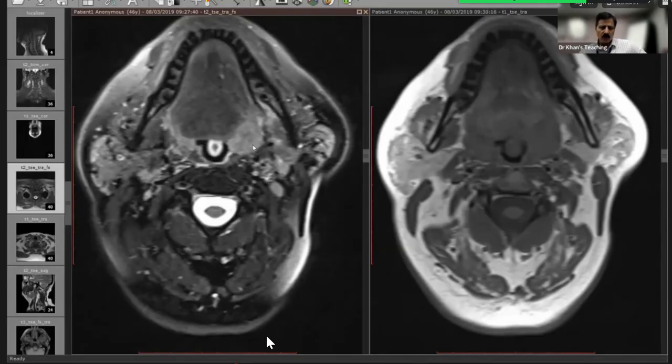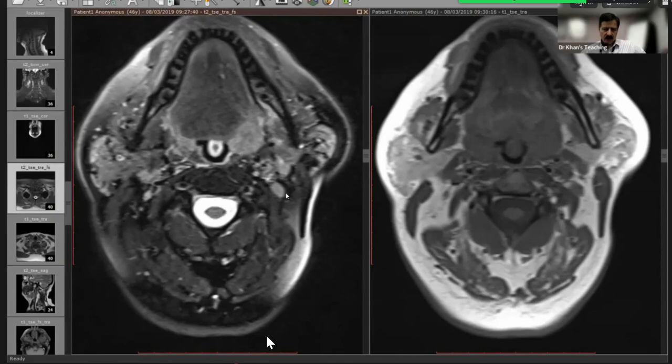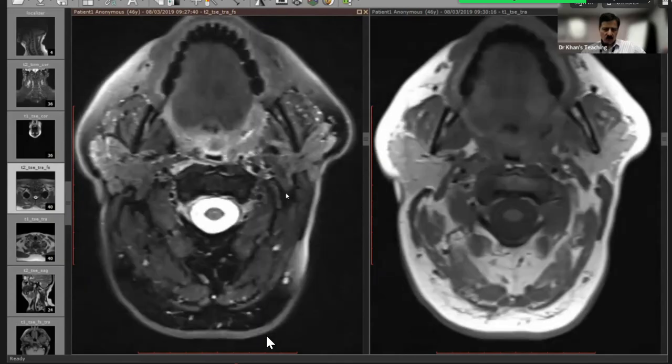I'm talking about local spread. Can you ask for the mouse, please? So the mouse is with you now. Can you scroll? I'm unable to. Okay, then leave it. I will go through it.